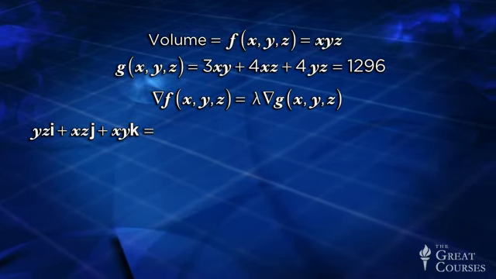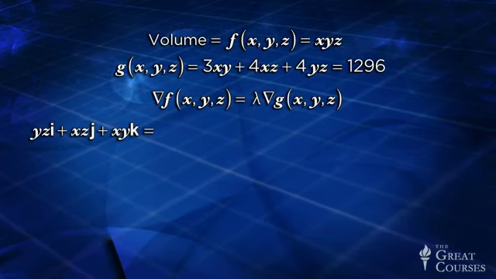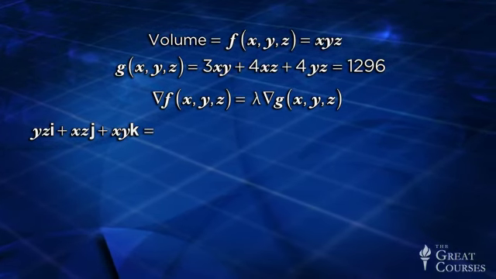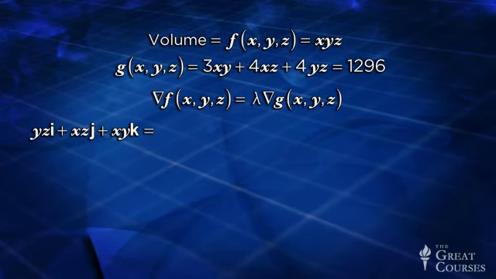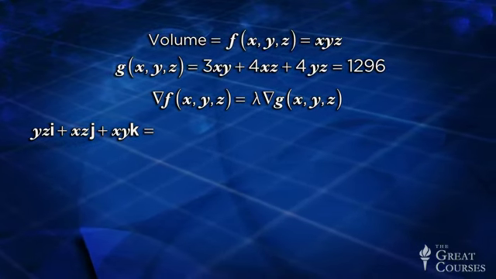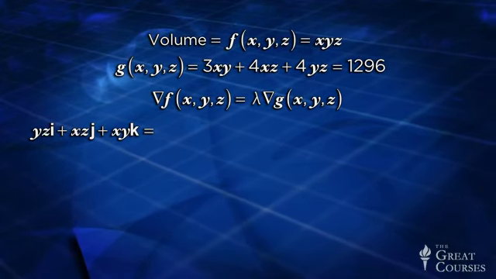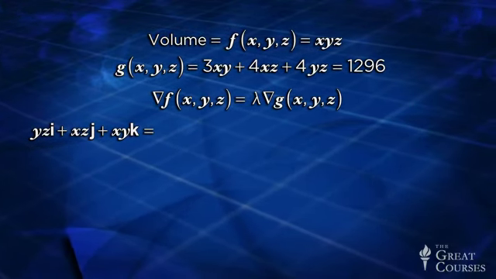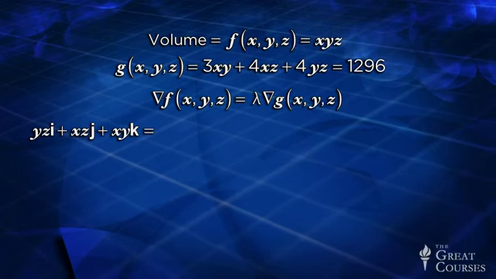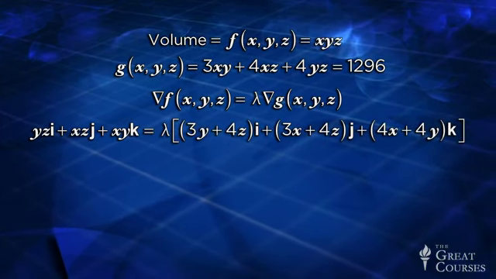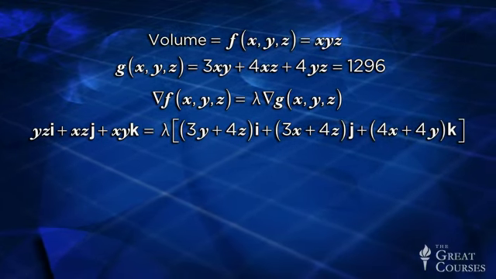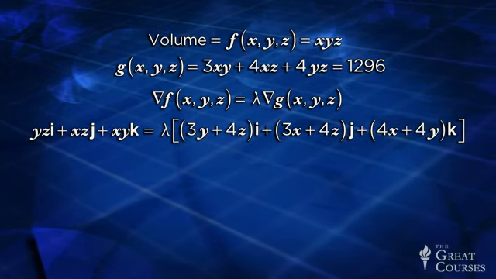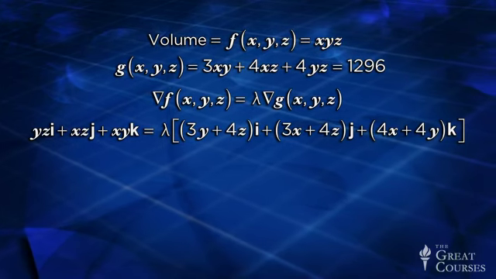So we get yz i, and in a similar fashion, we get xz j, and we get xy k. That's the gradient of f. What about the gradient of g? Well, it's a little more complicated. First of all, we'll have lambda times the gradient of g, so it's lambda times (3y plus 4z) i plus (3x plus 4z) j plus (4x plus 4y) k.